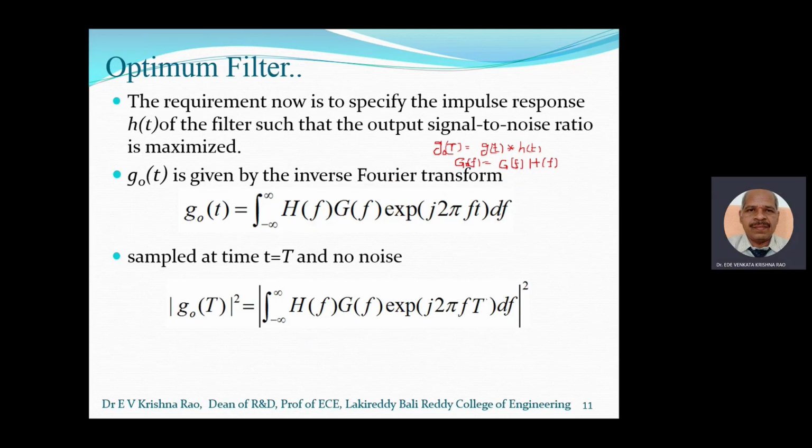Now the inverse Fourier transform of g naught of f gives g naught of t, which is the integral from minus infinity to infinity of g naught of f e power j 2 pi f t df.